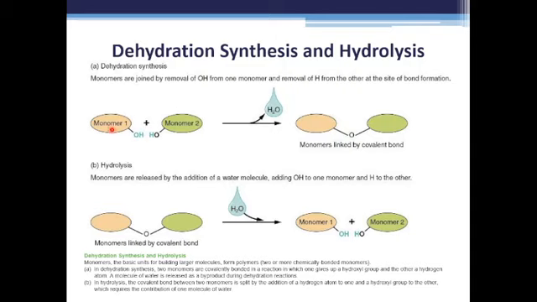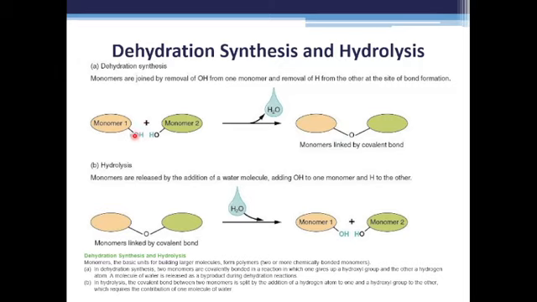During the dehydration process, one monomer loses a hydrogen atom, and the other monomer loses a hydroxyl group. This hydroxyl group and this hydrogen atom will form water, which is H2O, as we know.